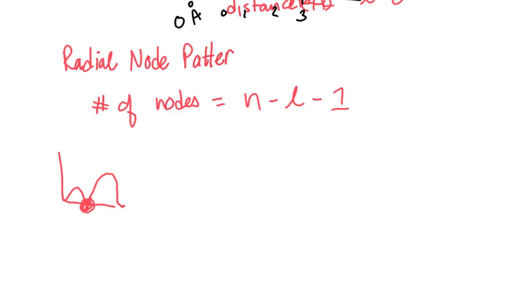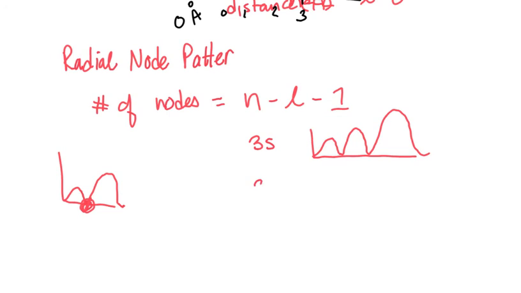And if you go back and take a look at the notes that you've written down from this, we can actually predict the number of nodes. So let's say we want to go a little bit further: the 3s orbital should have n equals 3 minus 0, because l equals 0, so 3 minus 0 minus 1. We can predict that it's going to have 2 nodes, and it does. It kind of looks like this.